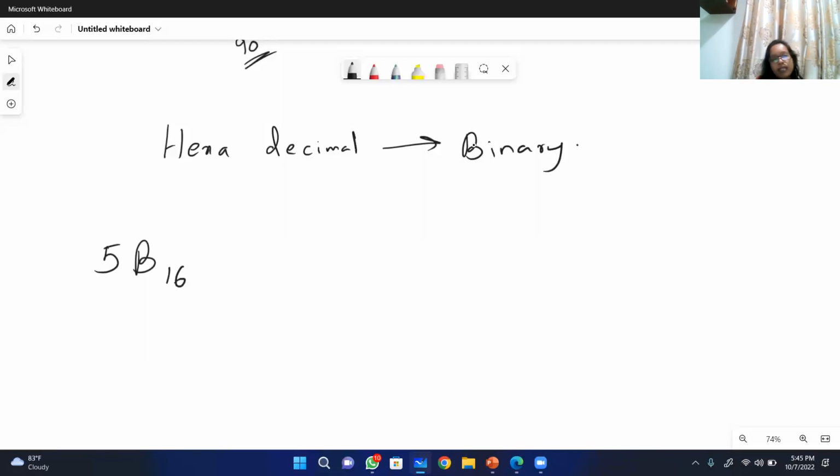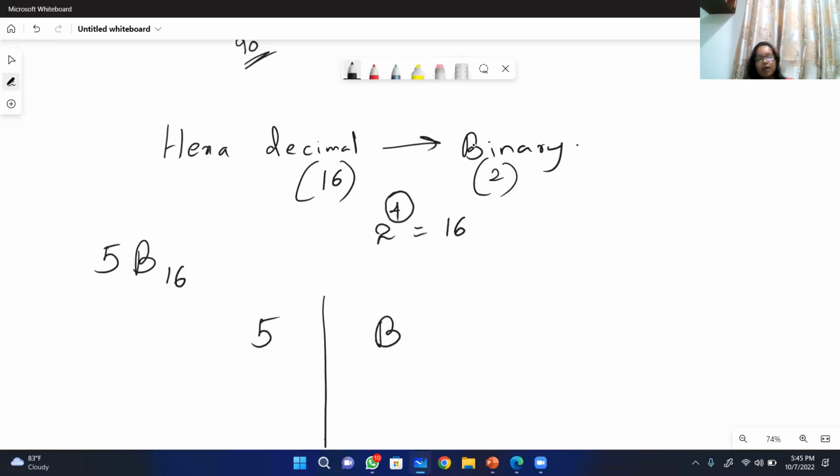There is a direct method that you can follow. Hexadecimal means the base is 16 and binary is 2. The relationship among these two is 2 to the power 4 is equal to 16. From this, just take the 4, and you have to expand the given number and write down each part as a 4-bit binary value.